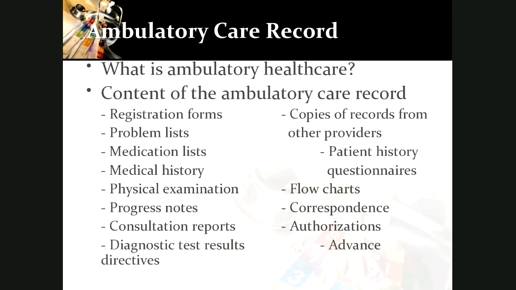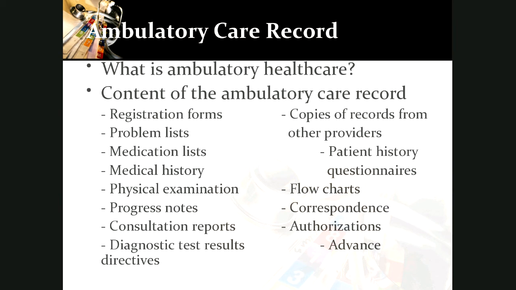So, what is an ambulatory care health record? Think of ambulatory. When you ambulate, you walk. Okay? So the patient can walk in and out. That is basically the thought behind an ambulatory care record. Okay?